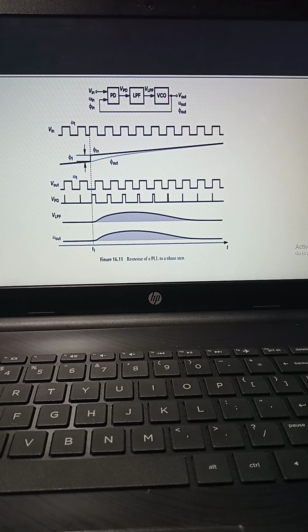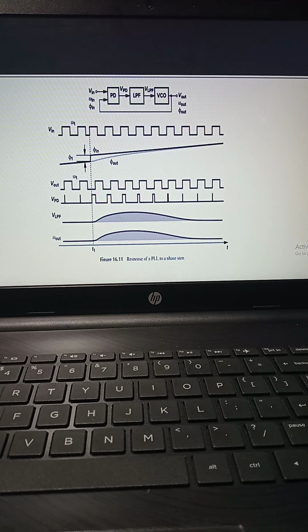Alternatively, we can say that the phase step results in a shorter period just before t1. Since the output of the low pass filter does not change instantaneously, the voltage control oscillator initially continues to oscillate at omega 1.